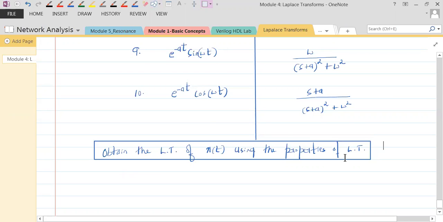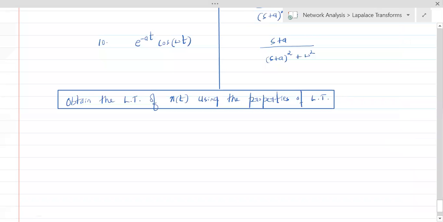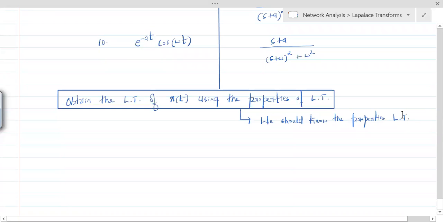So for this, what do we need to know? For this to be done, we should know the properties of Laplace transform. Okay, so that's why we are taking the properties of Laplace transform now.